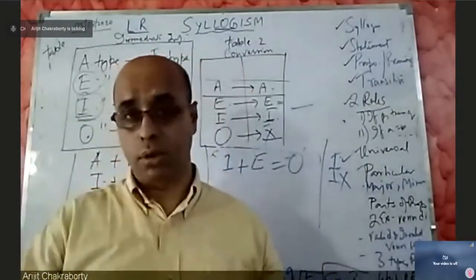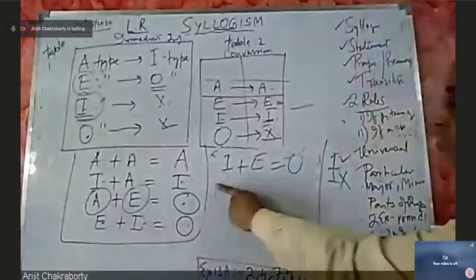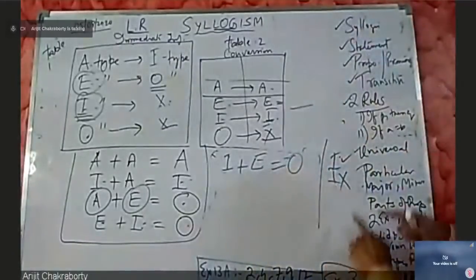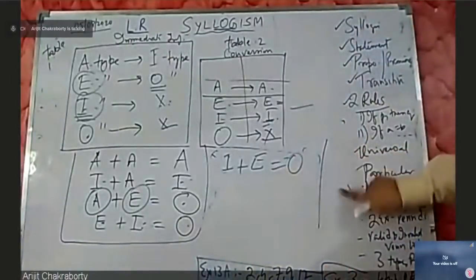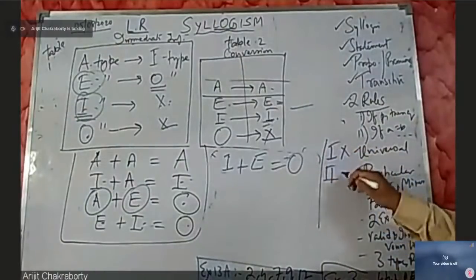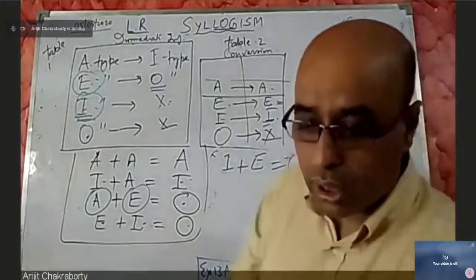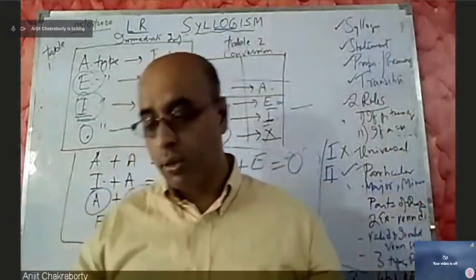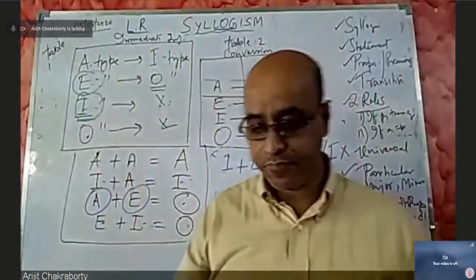This is an O type conclusion. So we know I plus E has to be equal to O. In this case, the first conclusion is wrong and the second conclusion is right. Therefore, option B, only the second conclusion is correct.